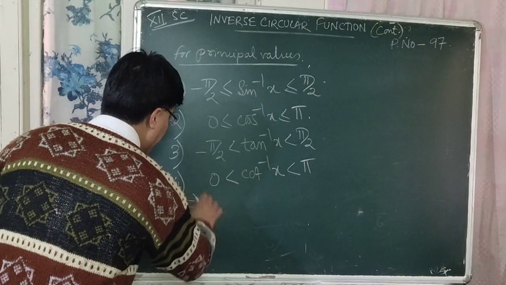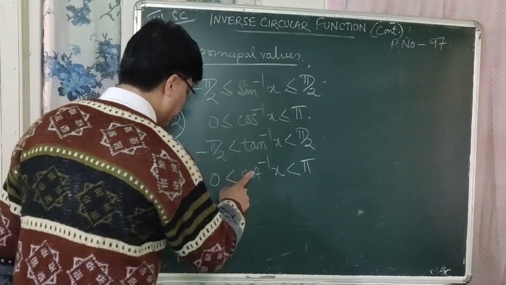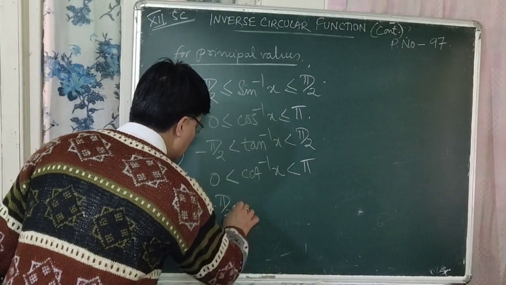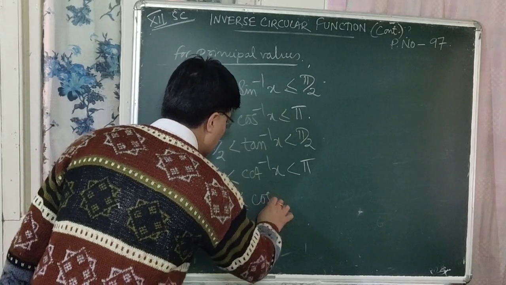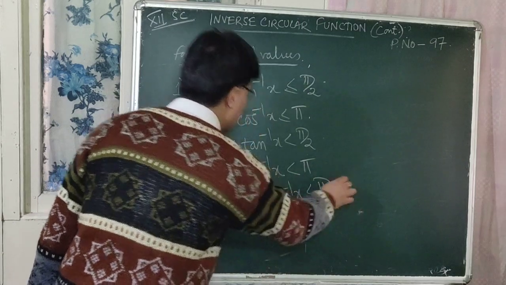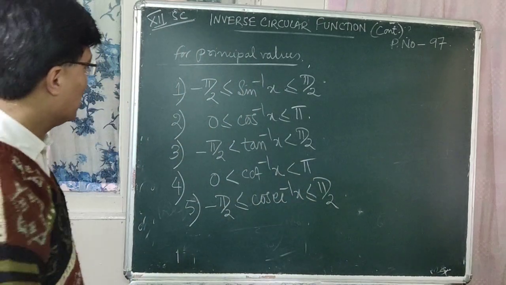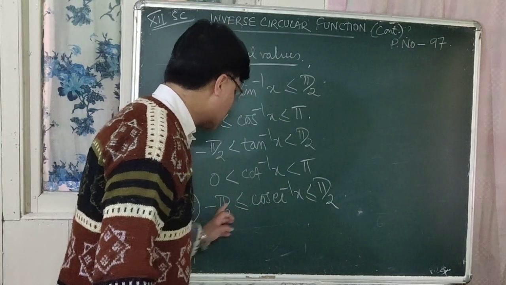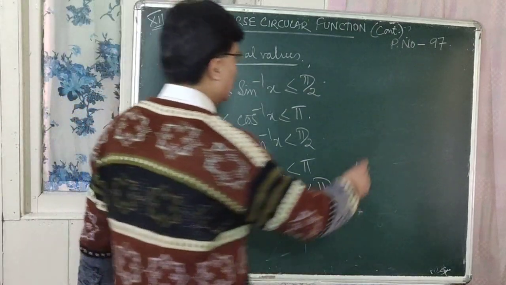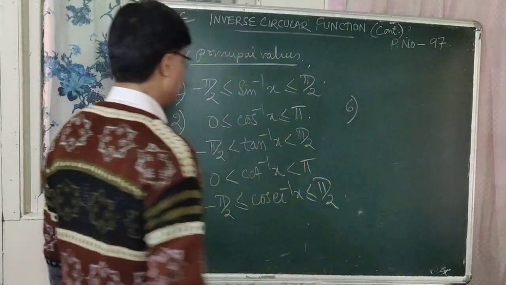And number 5 is minus pi by 2 less than or equal to cosec inverse x less than or equal to pi by 2. Okay? Cosec inverse x lies within minus pi by 2 to pi by 2. Right? And number 6.